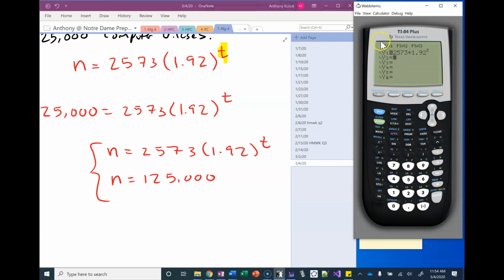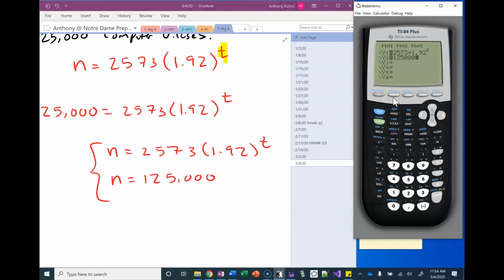So the y is already in our calculator, and then the x is going to be the same thing as my t. My next equation is just n equals 125,000. So we said n and y are the same thing, so the y is already there. So I just need to type 125,000. Everybody okay there? All right.